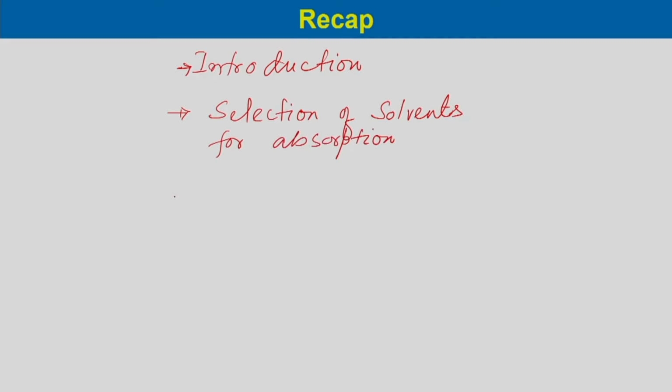We have also discussed the selection of different solvents for absorption. And third, we considered how to determine the minimum liquid flow rate for absorption.